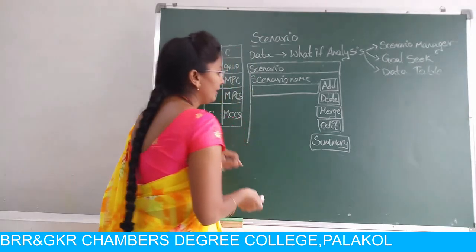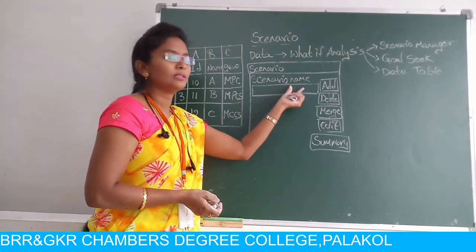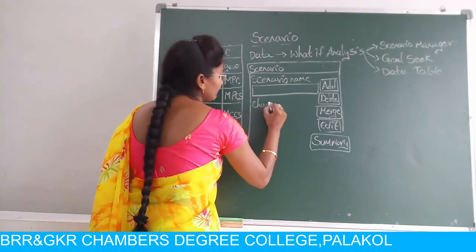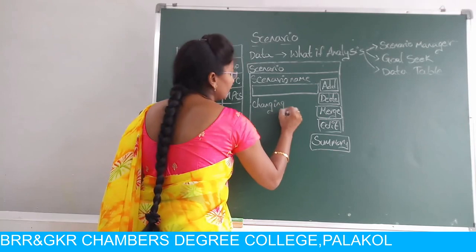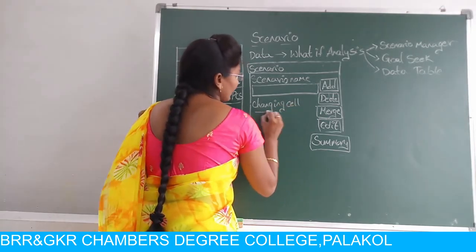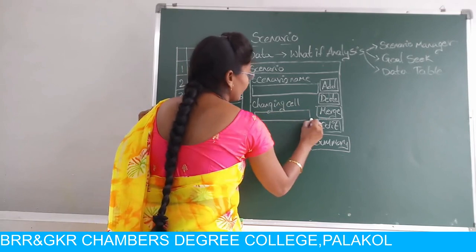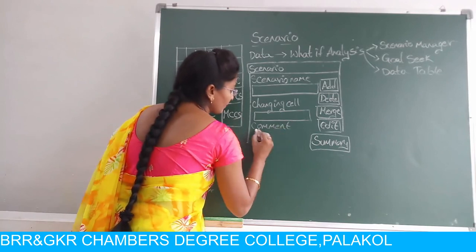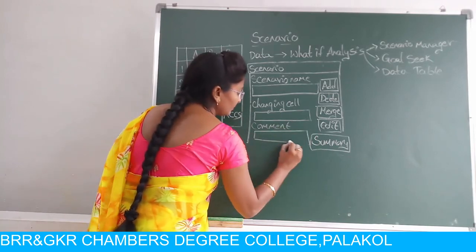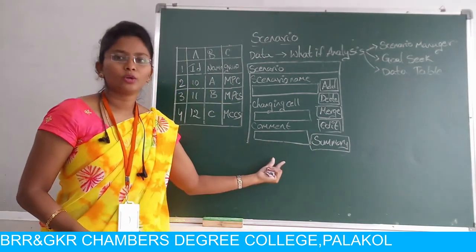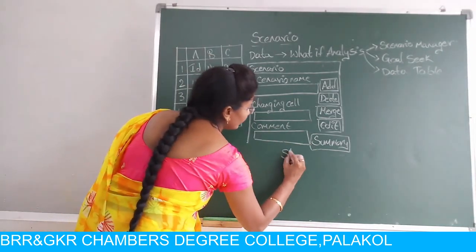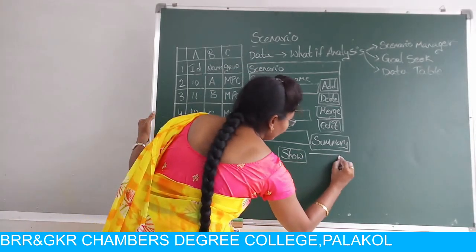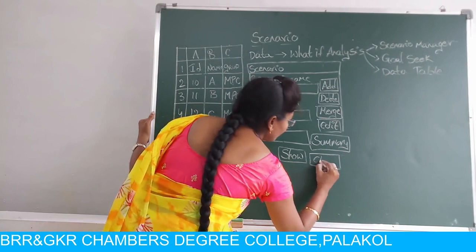After the scenario name you can see the changing cells, and again one box, and then comment, and then after comment you can see the show button and the close button.